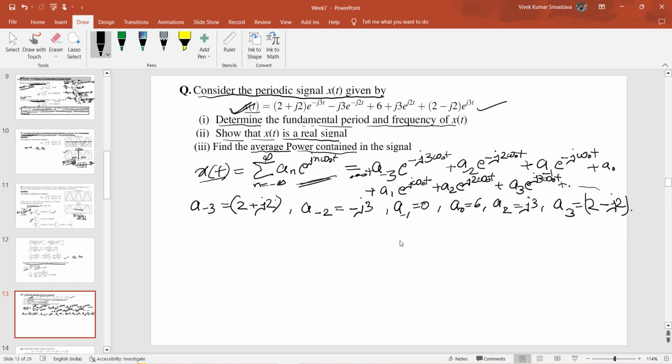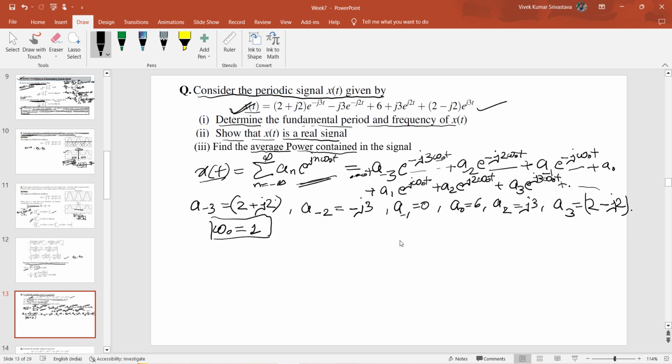Once you evaluate the Fourier series coefficients of this signal x of t, let us now come to omega naught, that is the frequency. Comparing, the value of omega naught will be equal to 1 here. For every complex exponential you can compare, so for n equal to minus 3, you will get that the value of omega naught is 1.